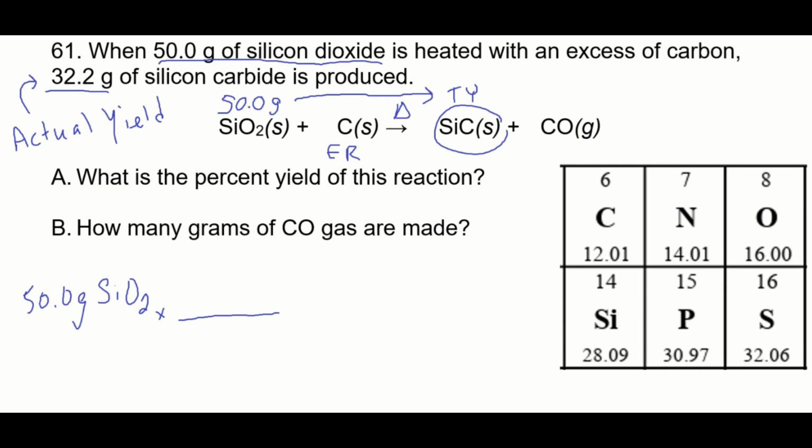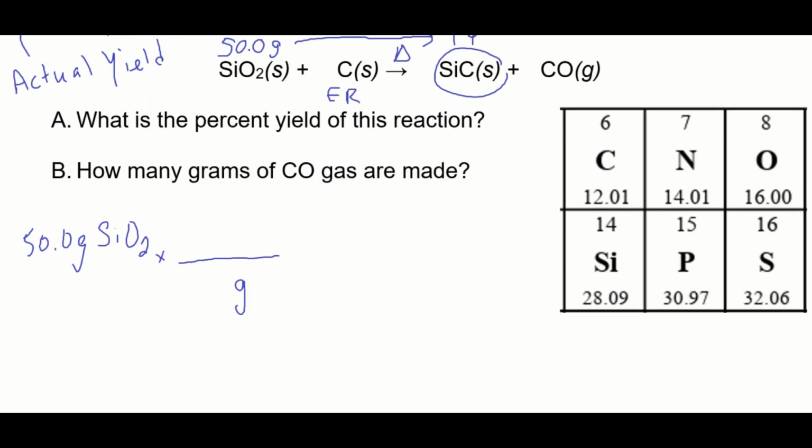Once we get to moles, we can take that to any other substance in this reaction. So we need a conversion factor to get rid of grams of silicon dioxide and end up with moles of silicon dioxide. The conversion factor we'll use is the molar mass. That information is right off the periodic table.